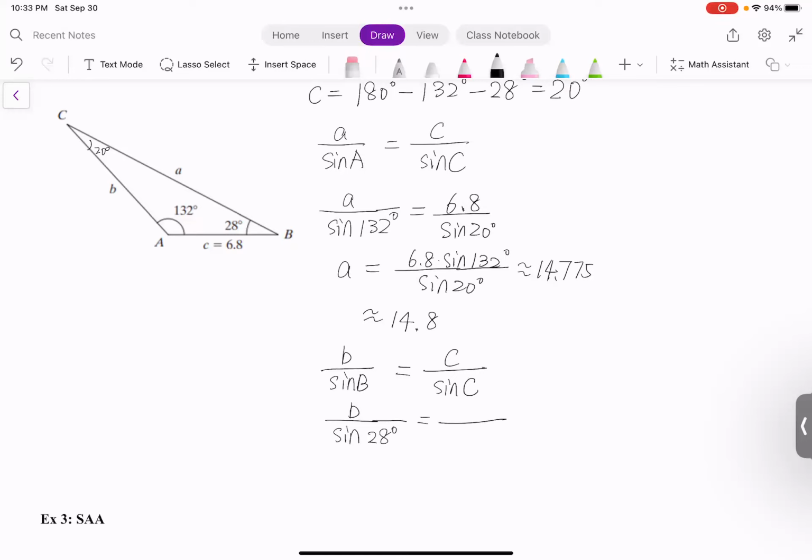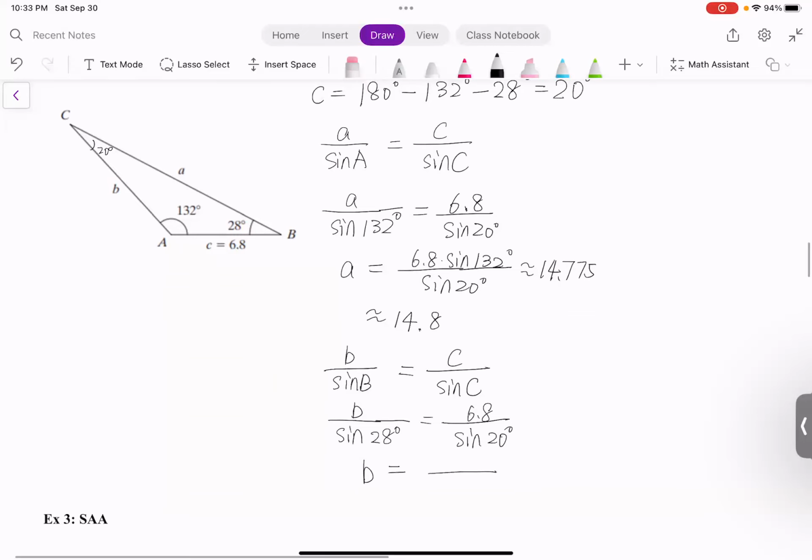And C equals 6.8. The angle C is 20, sine 20 degree. And to isolate the B, multiply by sine 28 degree both sides. I'm having 6.8 times sine 28 degree, all divided by sine 20.